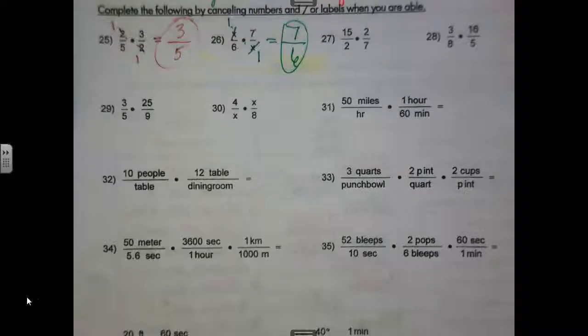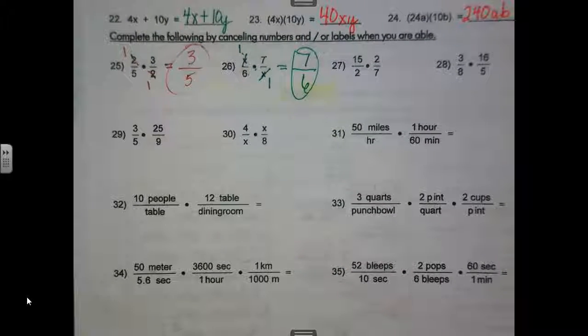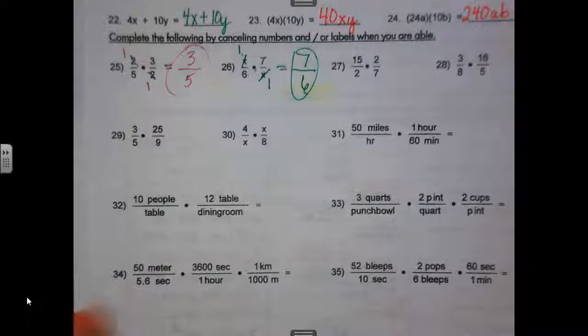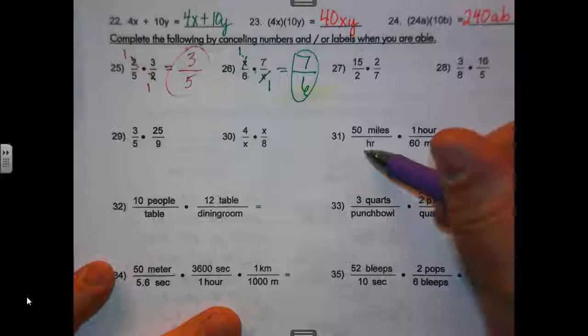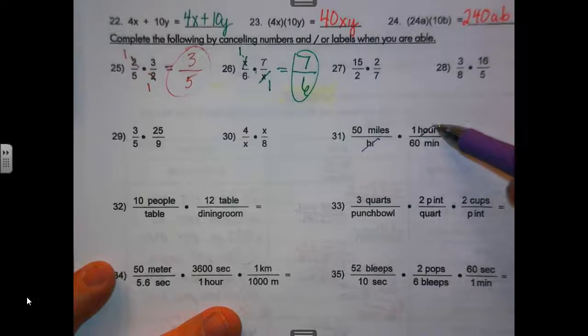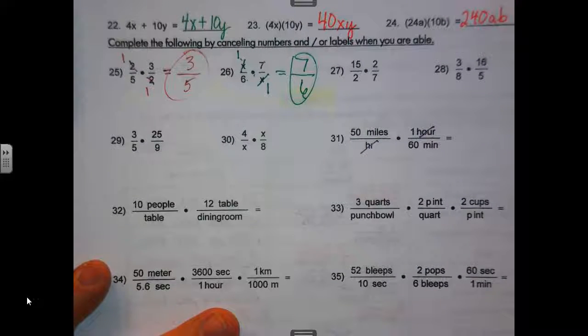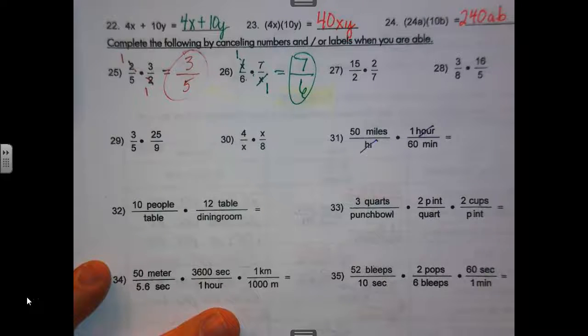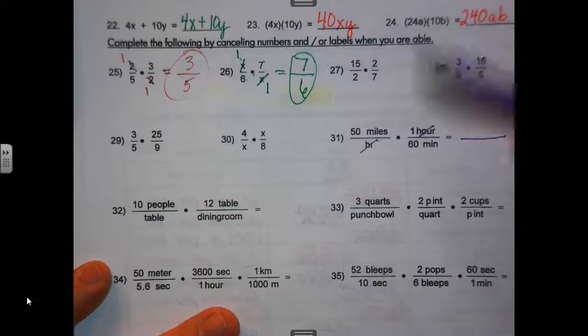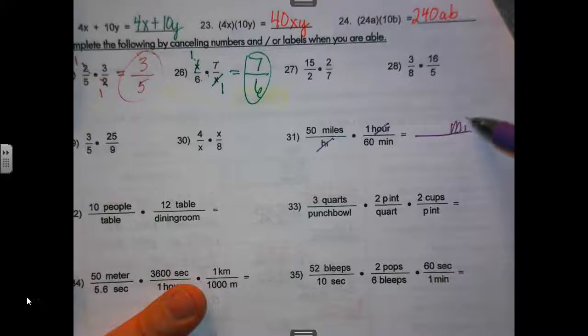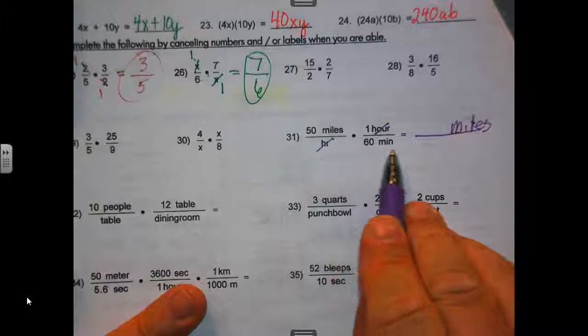Okay, number 31. This is where we get into some labels. Labels are just like numbers. You can cancel out factors. So here, my hours cancel. So in the numerator, I'm going to have miles. In the denominator, I'm going to have minutes.